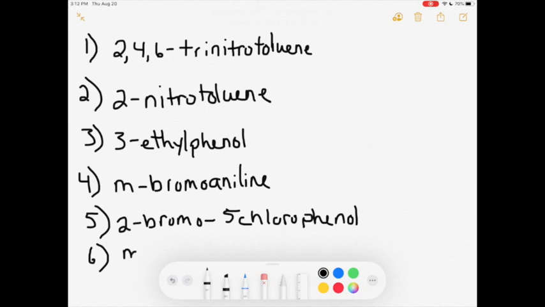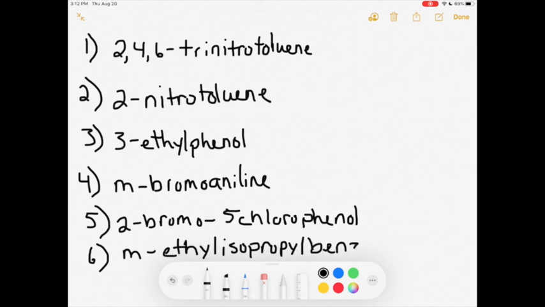So we're going to start with meta, and we want to use the alphabetical order. So we're going to say meta-ethylisopropylbenzene. That's a long one.